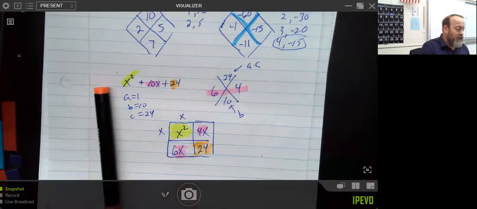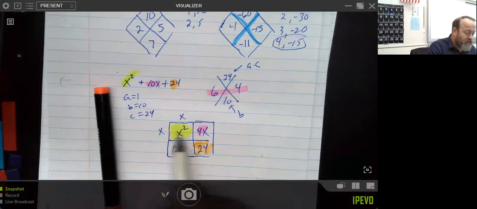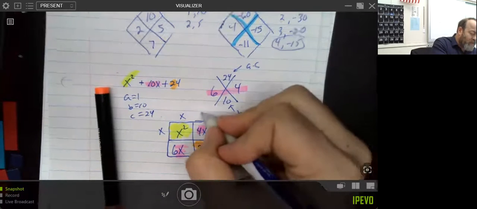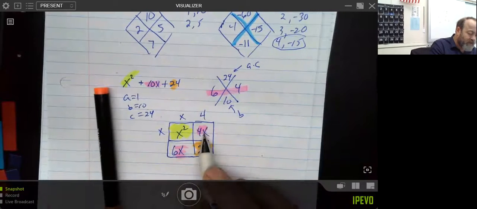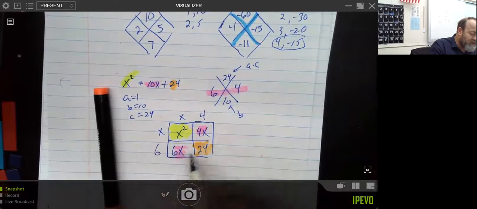The only way that the area of this piece can be x squared is x times x. And so if this piece is 4x, it has to be x times 4 because 4 times x is 4x. And right here, you'll notice that x times 6 is 6x. And you'll notice right here that 6 times 4 is 24.